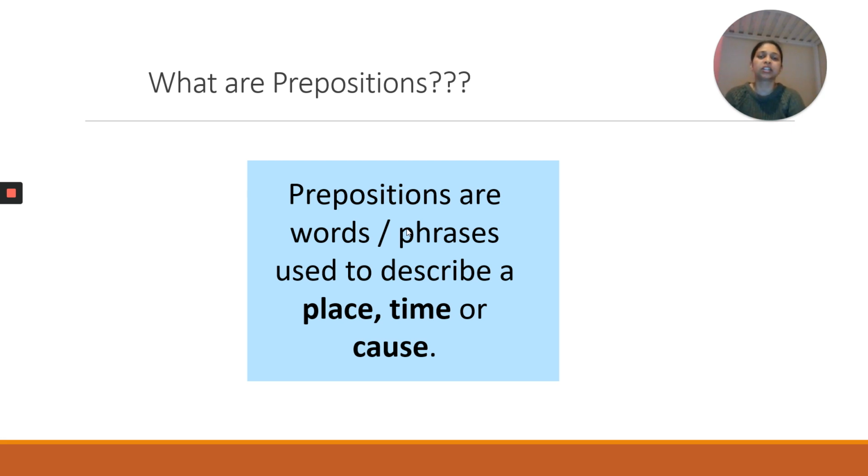Prepositions are words or phrases used to describe a place, time, or cause. Now let me remind you, in today's lesson we will be focusing on the prepositions of place. Okay, we won't be doing the harder prepositions of time and cause, but we will be only focusing on the prepositions that talk about place.